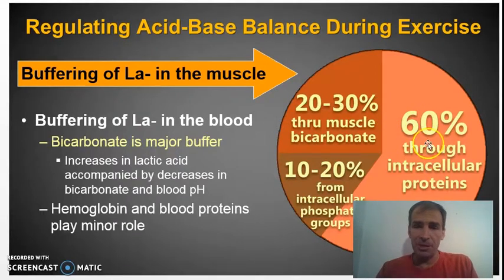And so simply increasing intracellular protein is not an easy answer. But bicarbonate's a different story. I mean, maybe if we could increase bicarbonate somehow, that potentially we could alter pH. We could, in some activity, maybe delay these changes in pH.